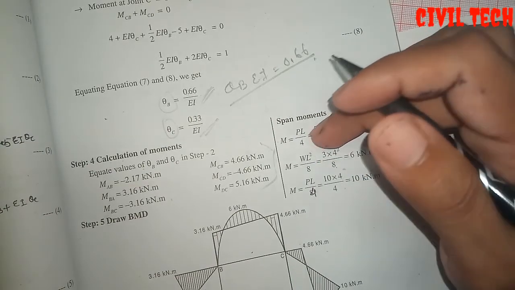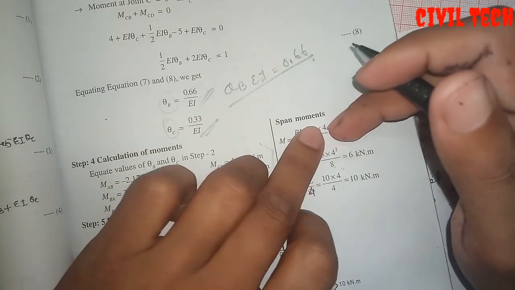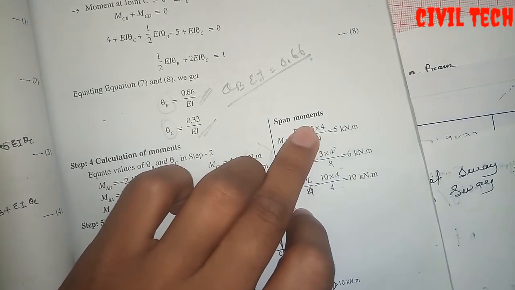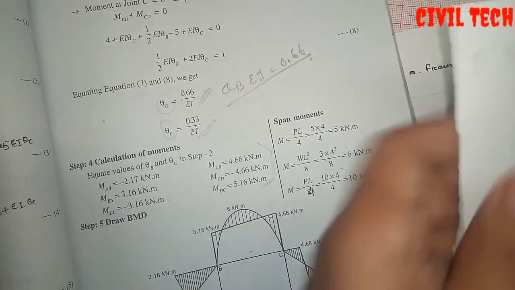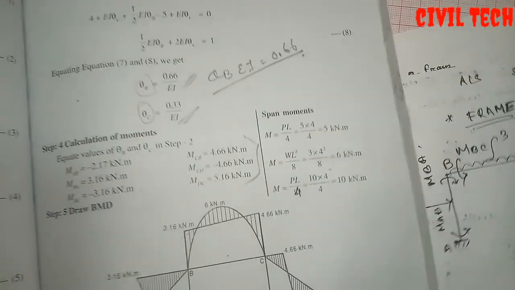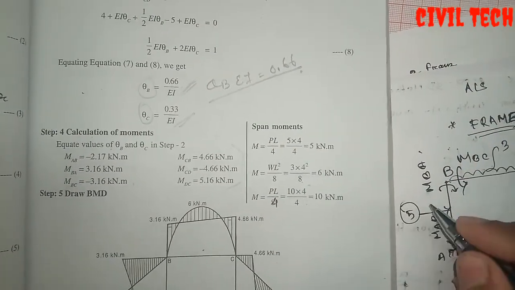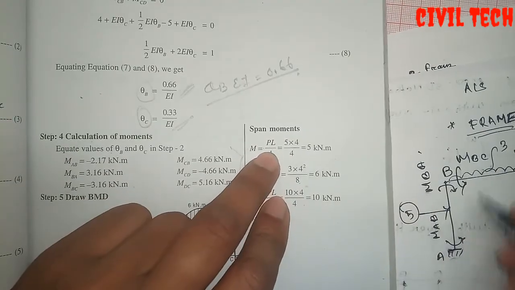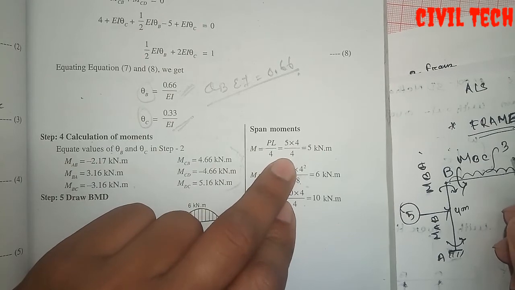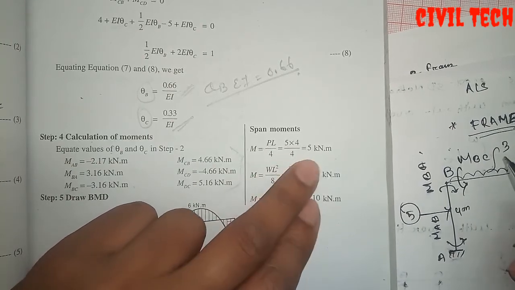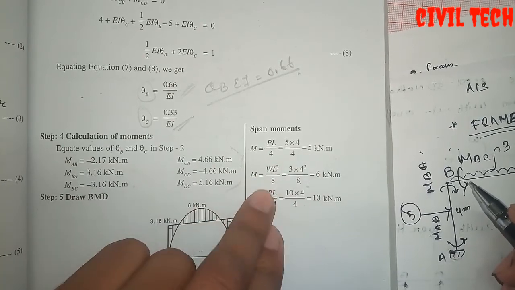PL means what? P 5 into length, total length. P load into length, total 4 meter. 2 into 2 now. PL by 4, equation 4. We're finding, you're getting this 5 kilonewton.